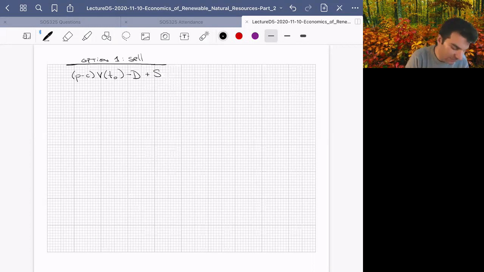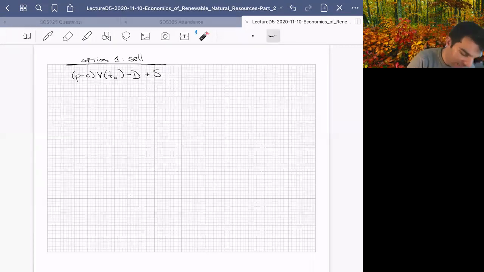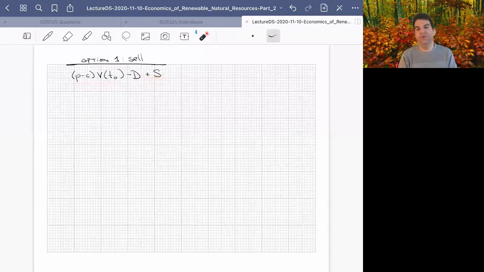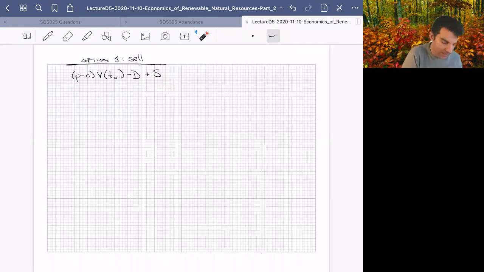That's maybe a better way to view it: every year that I'm replanting, I am paying to replant, but I also am just sitting on an asset. I'm sitting on site value. So not only am I sitting on the wood, but I'm also sitting on the raw value of the site. And so that's my one option. If I were to sell, I get all of this plus this right now. If I were to wait a year, then my forest is going to grow and I'm still going to have the site value, but I have to discount that.